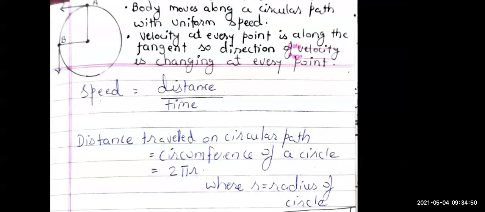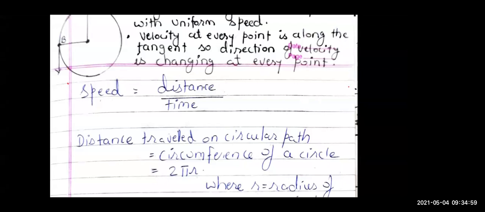Now children, when the object is moving on a circular path and that too with uniform speed, you will see that at each and every point on the circular path, the direction of the body is changing, right? If you want to know the direction of velocity at a point, then at that point you have to draw a tangent.